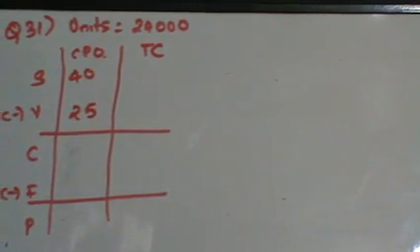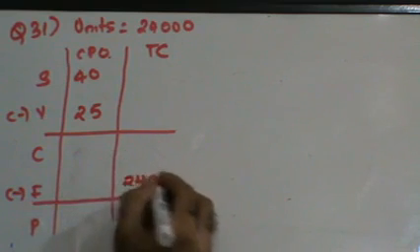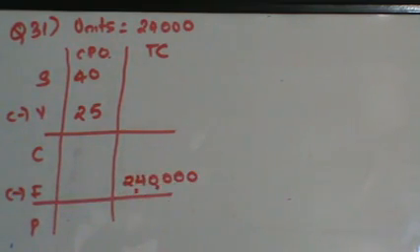The fixed cost, they've given you that fixed cost is 1,20,000, 80,000 and 40,000. So my total fixed cost will be 2,40,000. As a cost accountant of the firm, you are required to answer the following each part independently. Calculate the break-even point and the margin of safety in sales revenue and number of shirts sold.